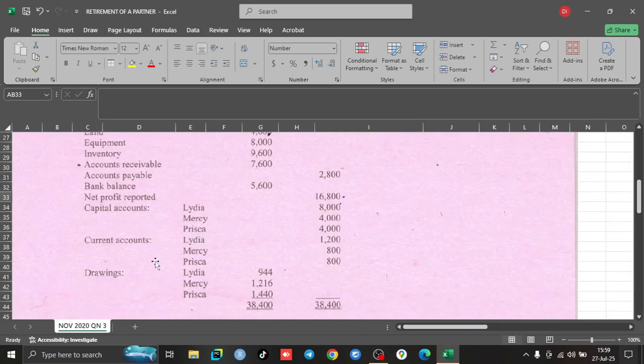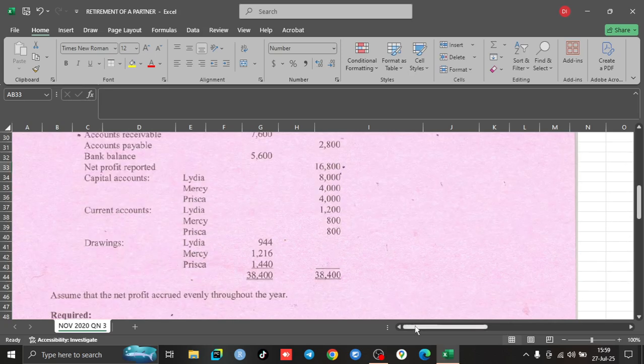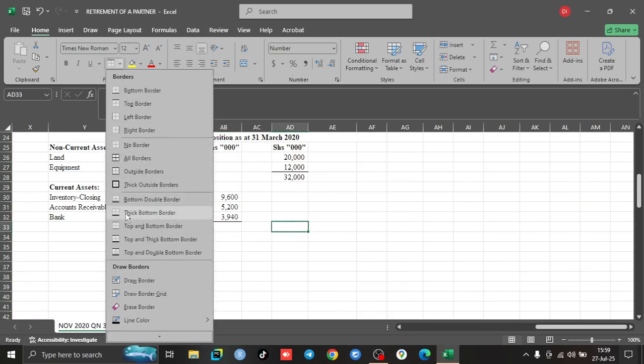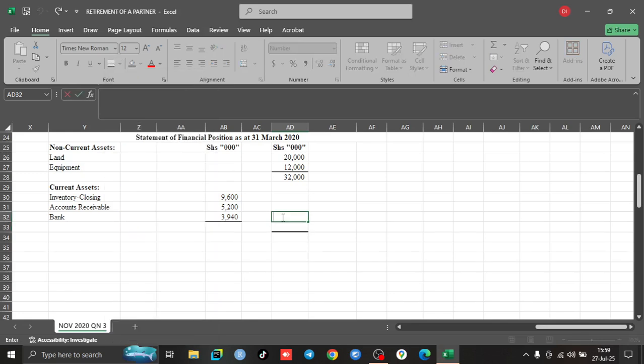In terms of cash, there is none. So we can now get our total assets, which is the sum of the non-current and current assets. So we first sum this up, and then we sum up these two. This will be our total assets.